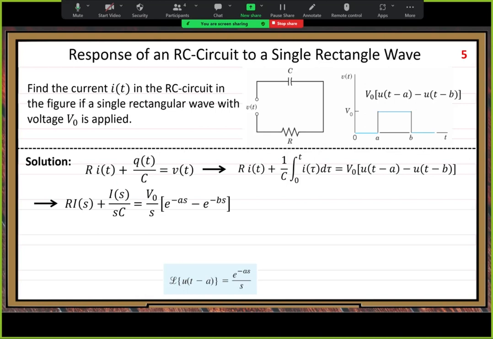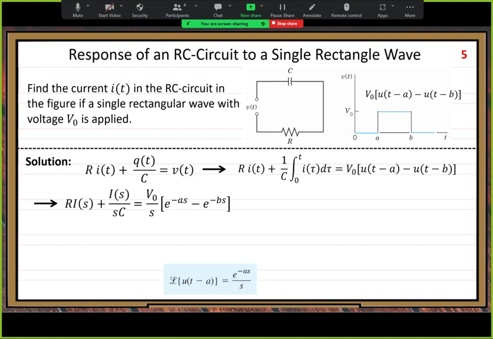R is constant; the Laplace transform on little i gives us capital I of s. Now you understand why we use little i for the current function, because capital I refers to the Laplace transform. Little i is the original function, with variable t, and the corresponding Laplace transform is capital I. So that's the reason in this chapter.